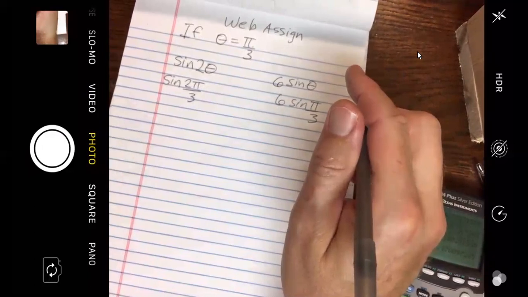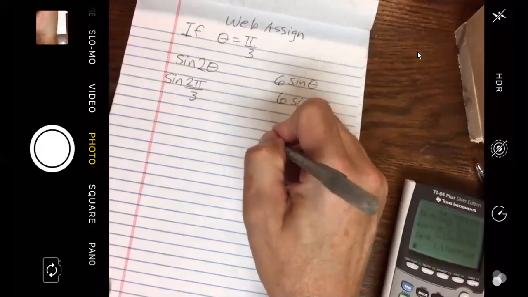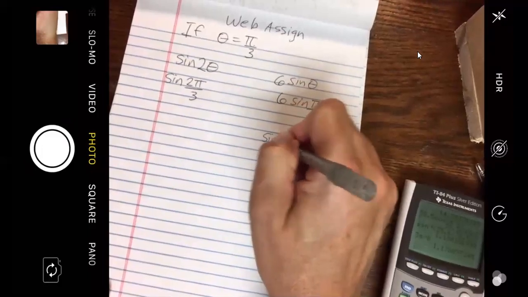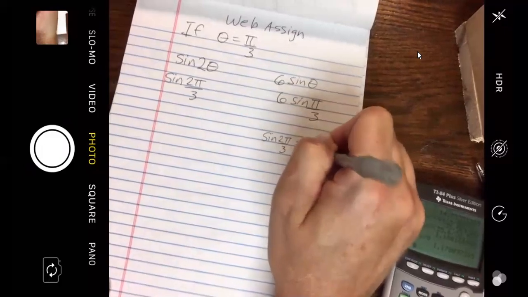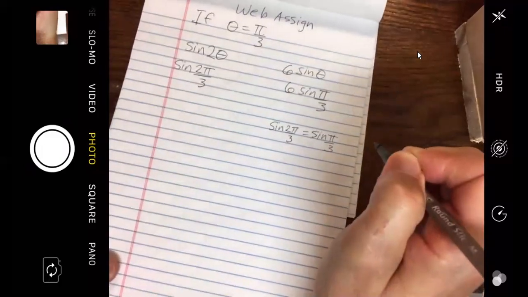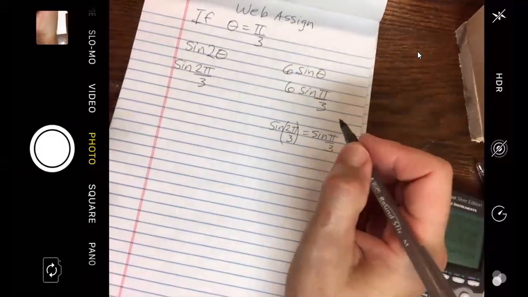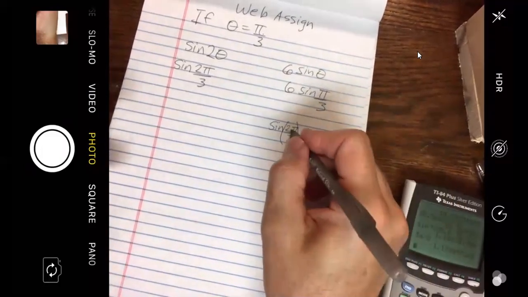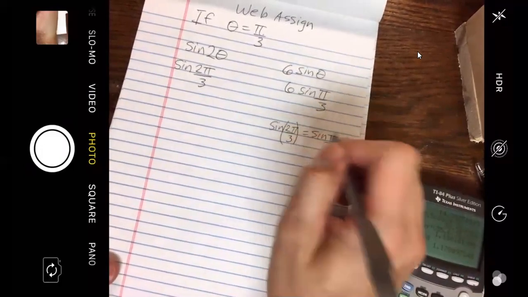Turns out that the sine of 2 pi over 3 equals the sine of pi over 3. Rank amateurs might be looking at that, thinking the 2 doesn't make any difference? So you need an explanation why this is the case?